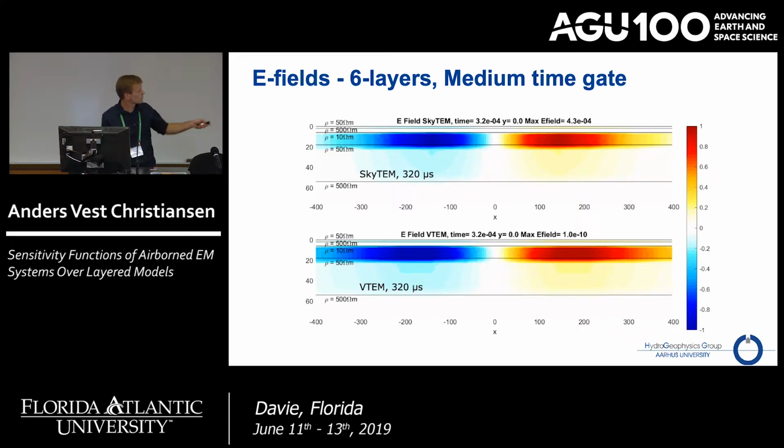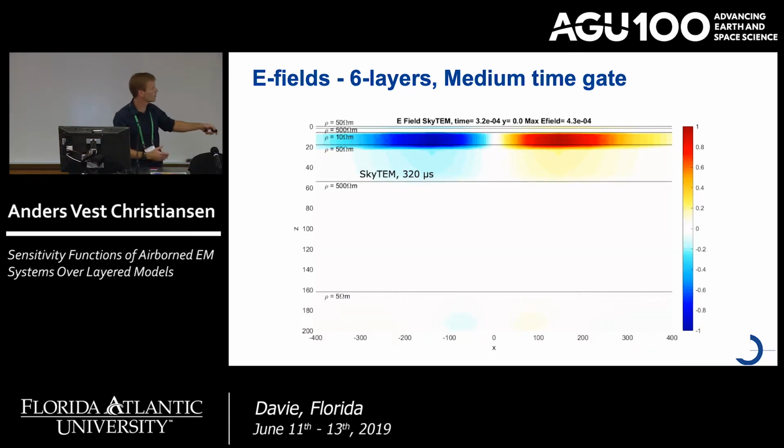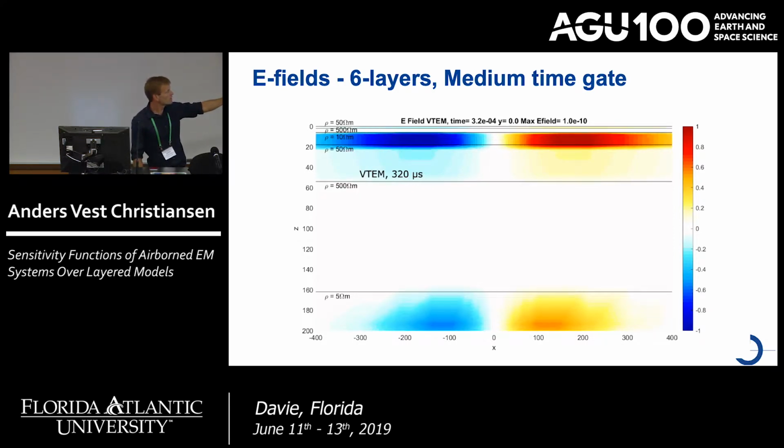I want to show this because at this intermediate time, since the VTEM waveform is longer, it'll have propagated further down. So at the same intermediate time, we would guess VTEM would have deeper depth of information, because you actually see the current system flowing at this depth at this time. And again, just remember that the time here is from the end of the pulse.